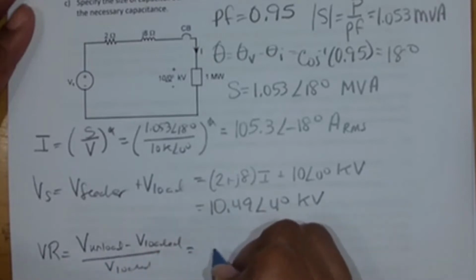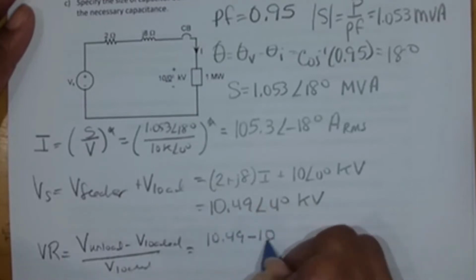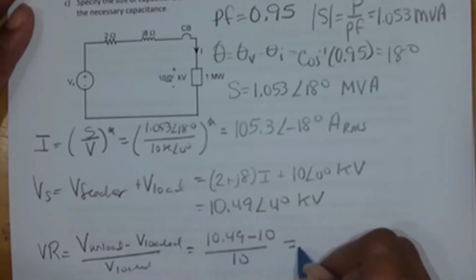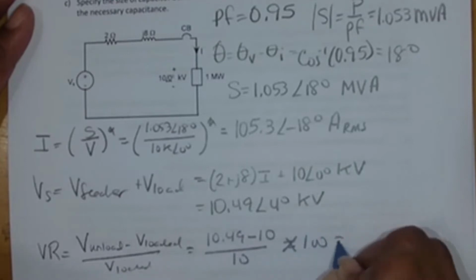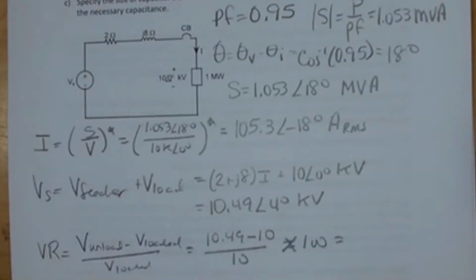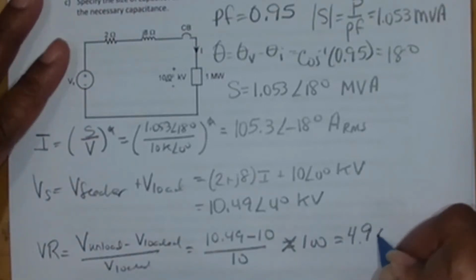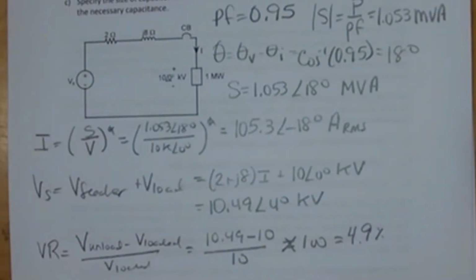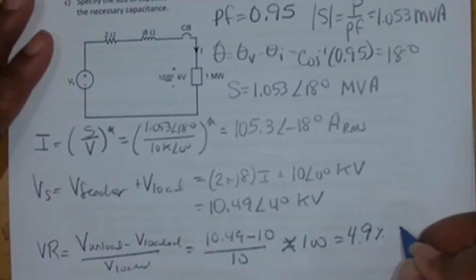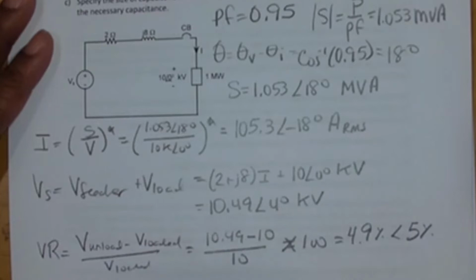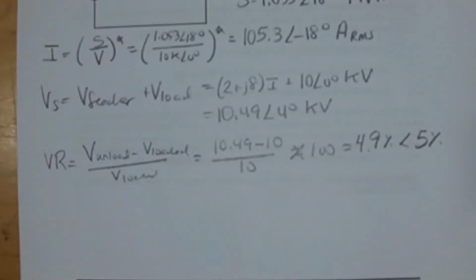So that's now going to be 10.49 minus 10 over 10 times 100, which is 4.9%, which is less than the 5% that we said we wanted to have for our voltage regulation. So by improving the power factor, I can get the voltage regulation less than 5%.